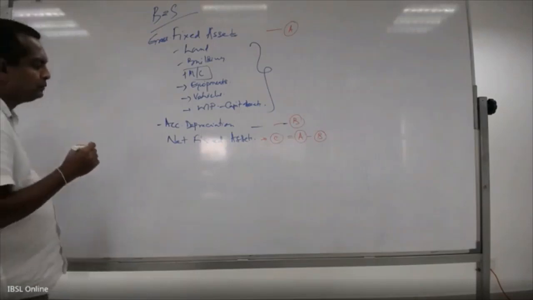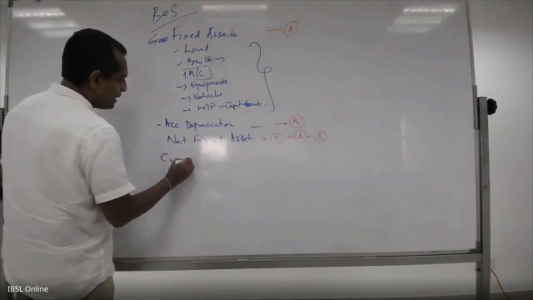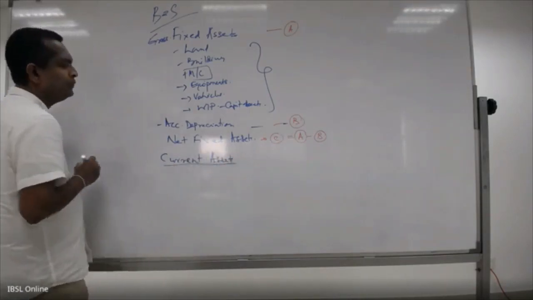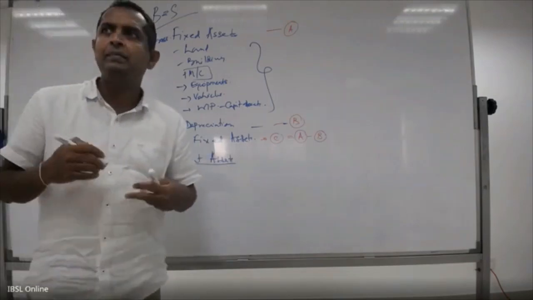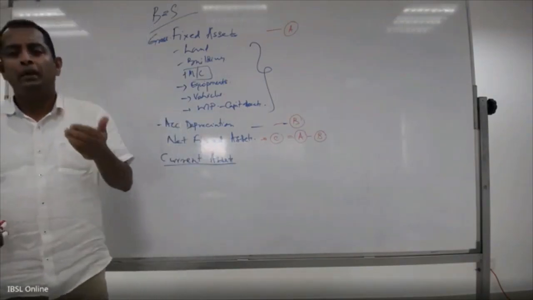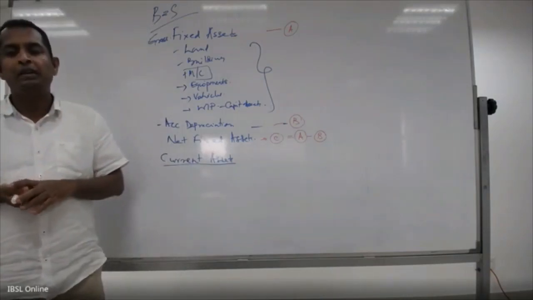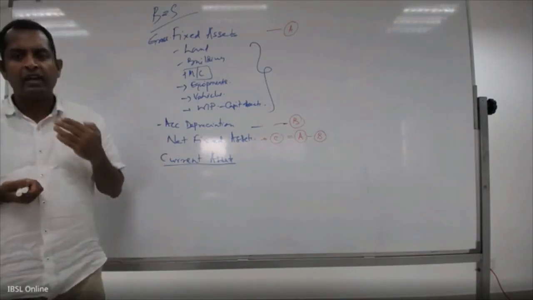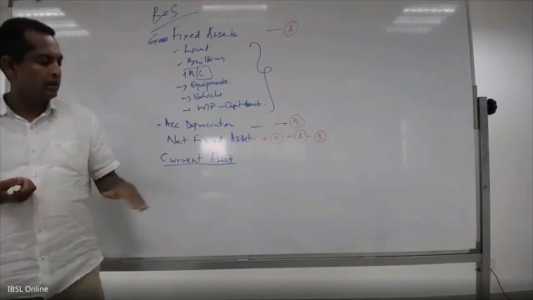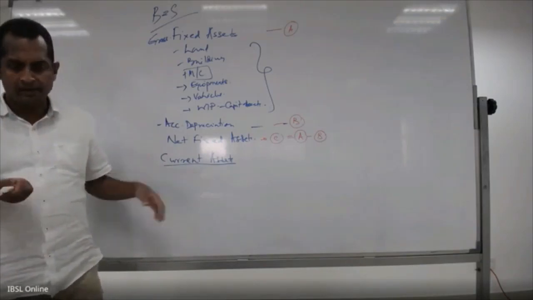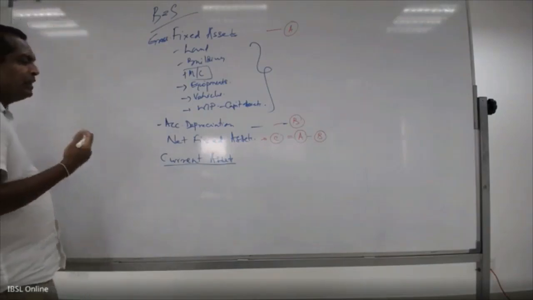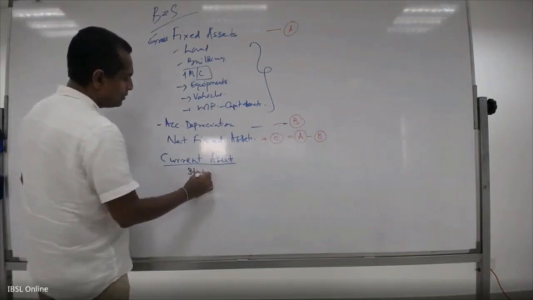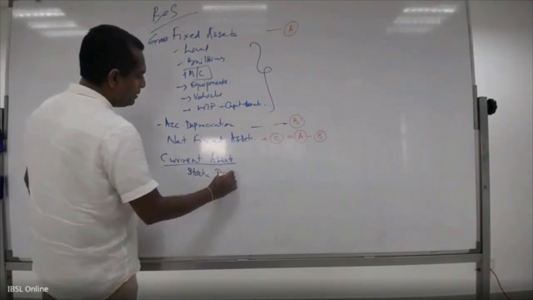Then we have current assets. Any asset which can be converted to cash within a 12 month period is called a current asset. The most difficult to convert to cash is stocks or inventory.